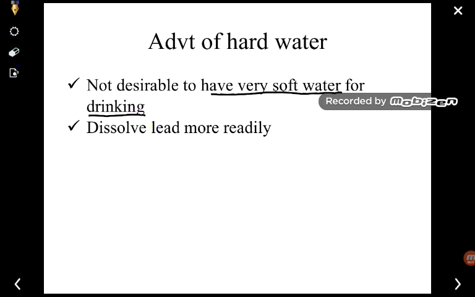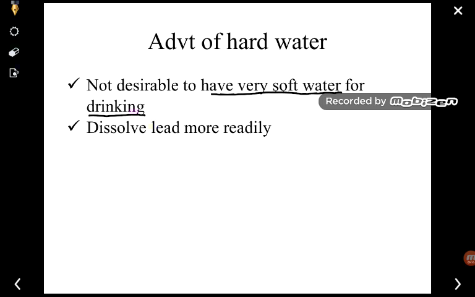Hard water contains a certain amount of calcium, especially needed in the case of children. So these are the advantages of hard water.